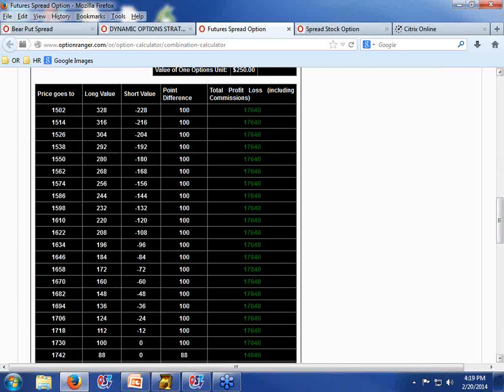You might hold on to this whole thing on a full drop, because what you're making here you're losing somewhere else, but at least you're not ending up in the hole. So that's a different plan for somebody who's hedging or thinking of reducing the fear they have about their stock portfolio.